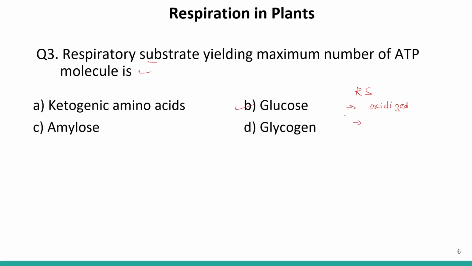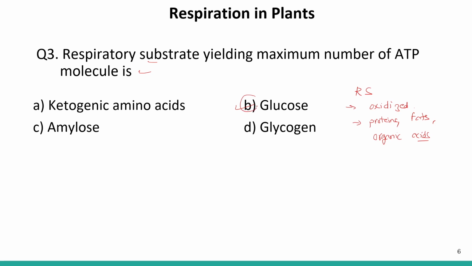Usually glucose is a respiratory substrate, but depending on the requirement of the organism, proteins can also be used as respiratory substrate. Fats can also be used, as well as organic acids.